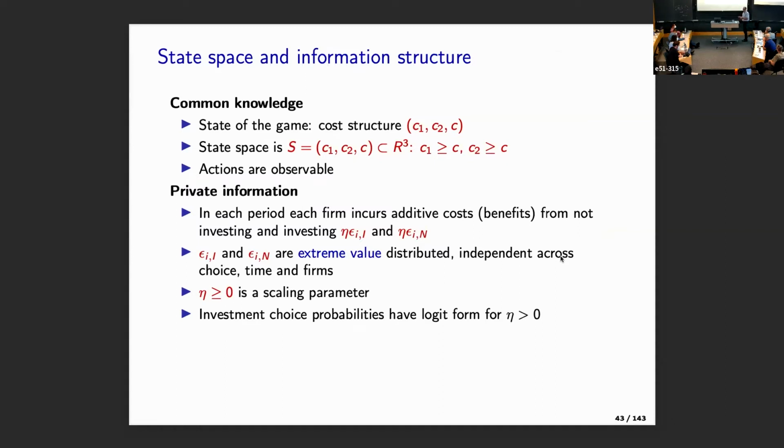And in the spirit of everything that we've mentioned by now, we have private information in the form of the extreme value type 1 shocks, which will lead to the convenient logit investment choice probabilities. Eta here is the scaling factor, and we will consider both the deterministic problem and the stochastic investments problem.